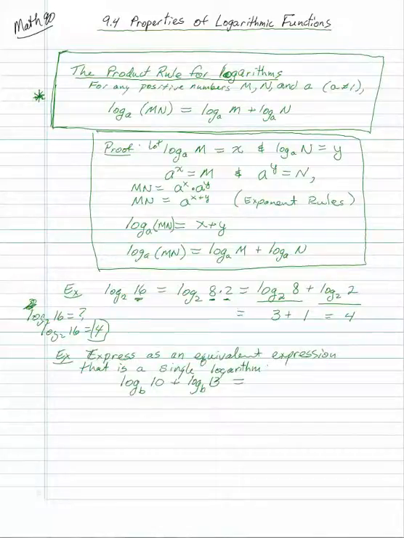Okay, so usually we use this rule in the other direction. Express as an equivalent expression that's a single logarithm. So if I'm adding logarithms, the key is that the bases have to be the same to use this.